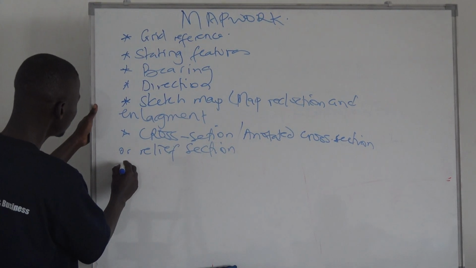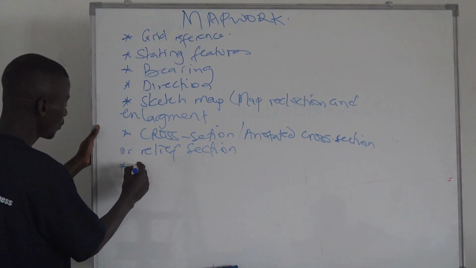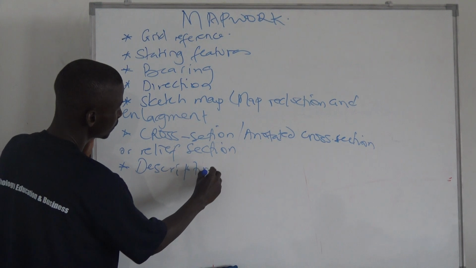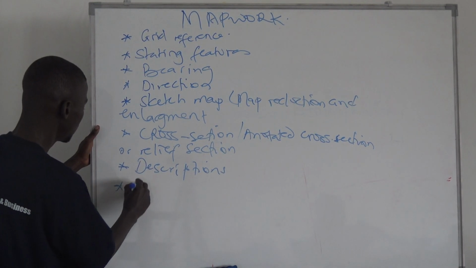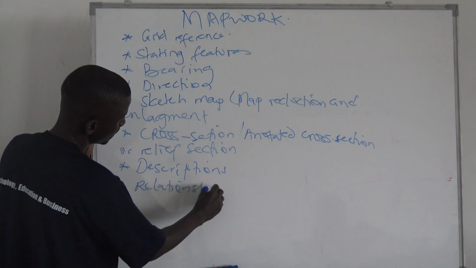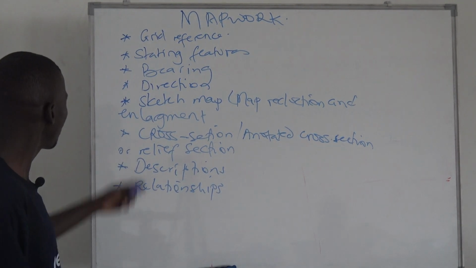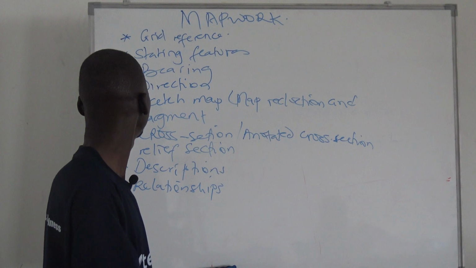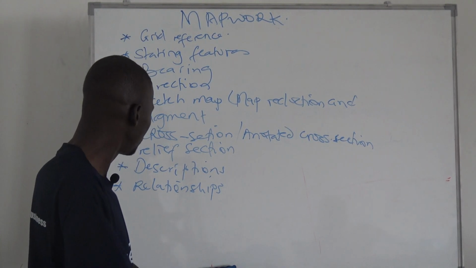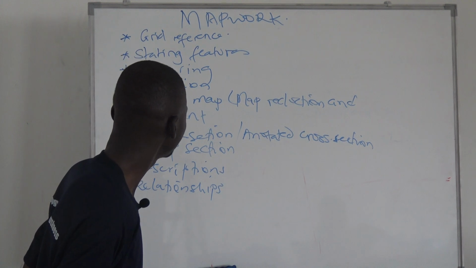Then from there we have descriptions and then relationships, and some other items as we are going to see, but preferably that's what we should be knowing.